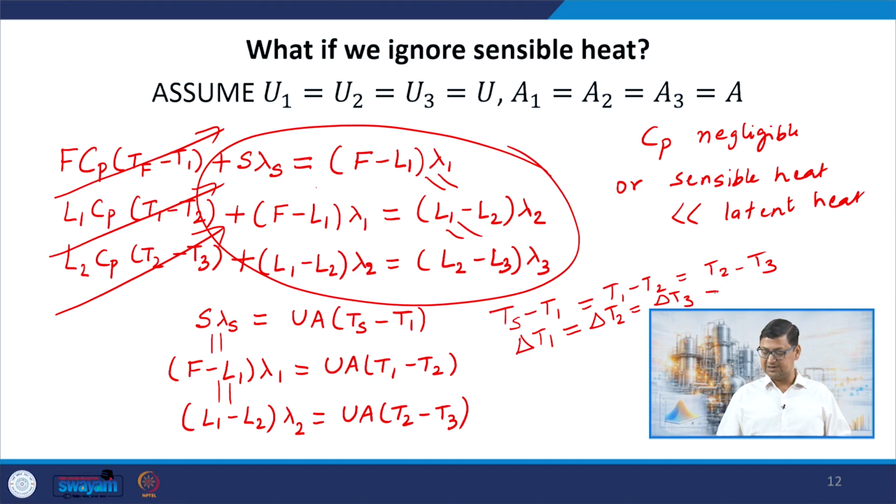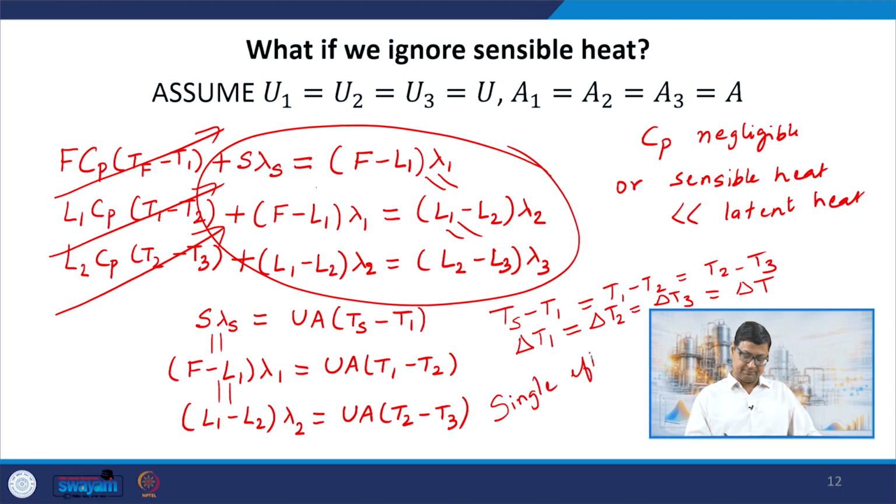Let me call this some delta T. Now, let us say I compare that with a single effect evaporator, and I am using the same amount of steam, right. So, for the same amount of steam, for single effect, I am going to have S lambda S is equal to UA delta T, the same thing will be there, right.